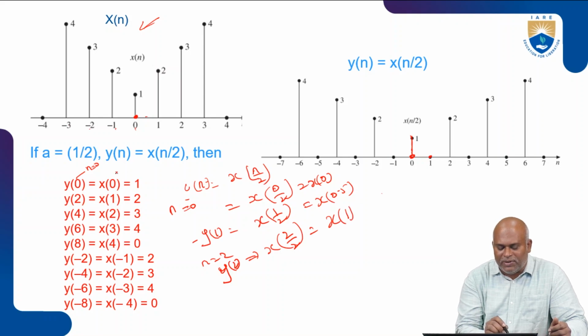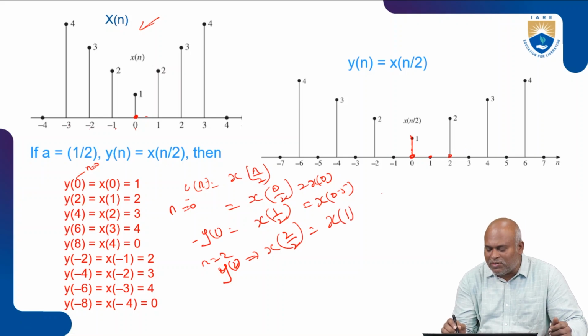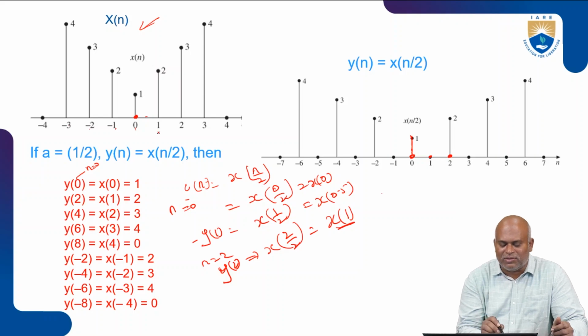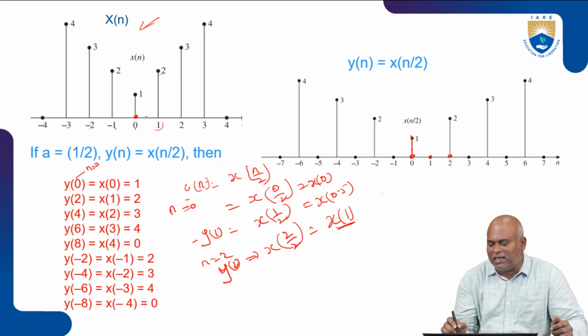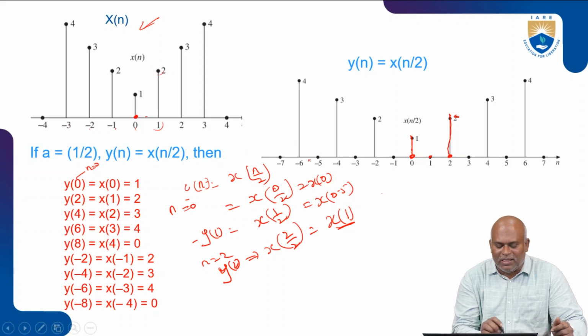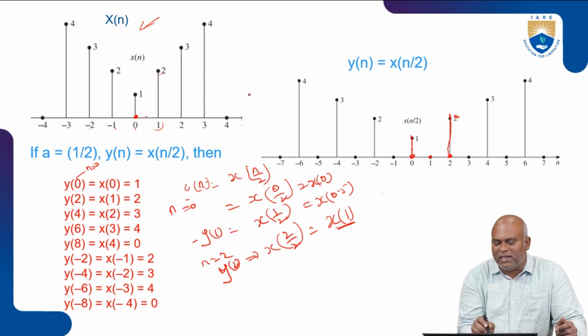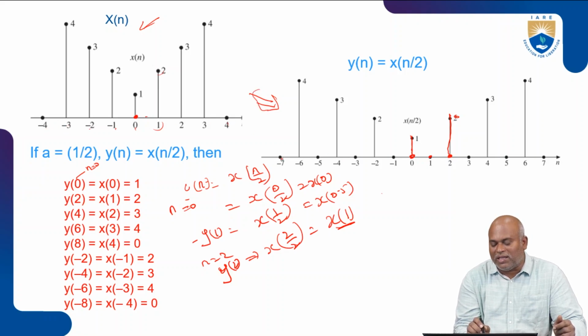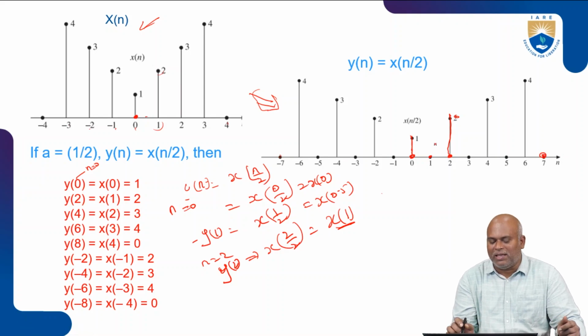Now, if we represent 2, the x of 1 value is going to shift. Here x of 1, amplitude is equal to 2, and it is represented as shifted. So, in the same way, I will do it for all the signal. Compare the input with the output. The input is present from minus 4 to plus 4, but it is going to expand from minus 7 to plus 7. Like that it is going to happen.